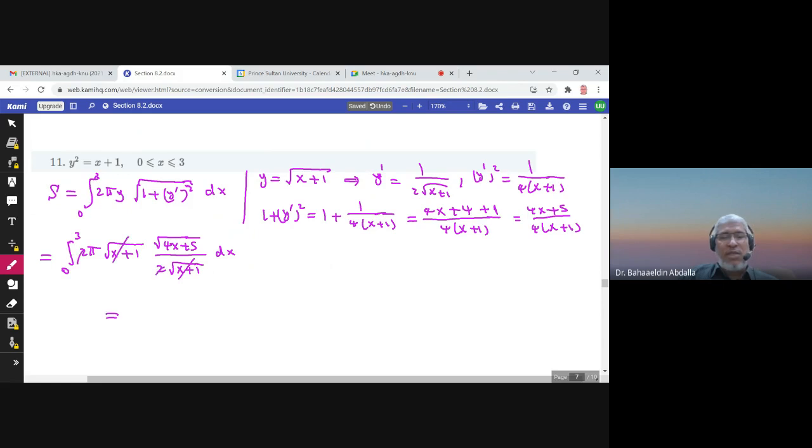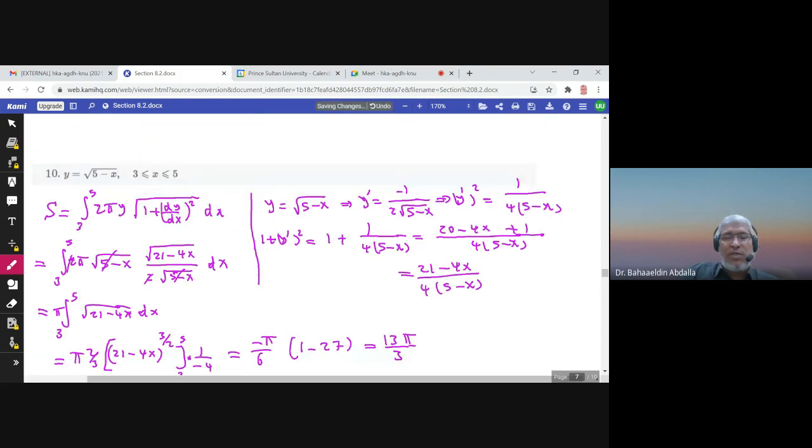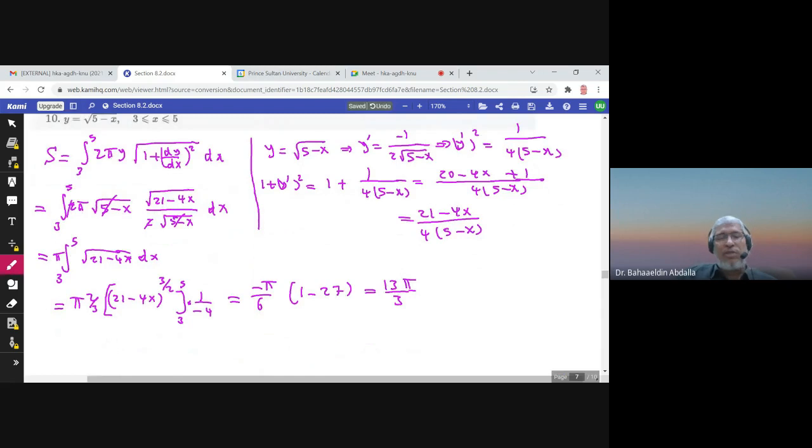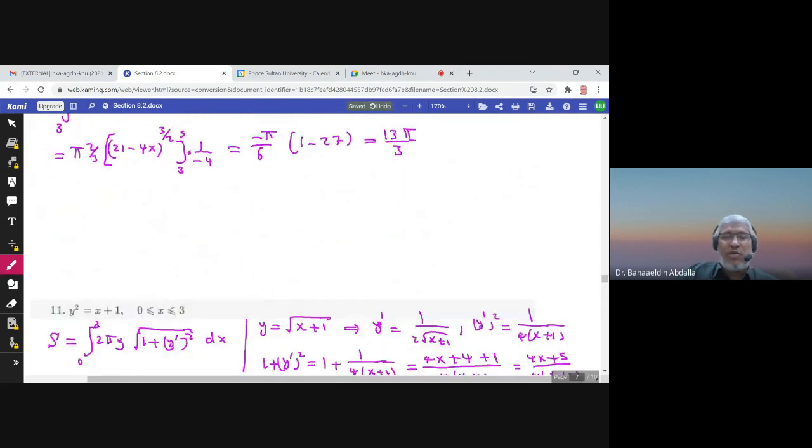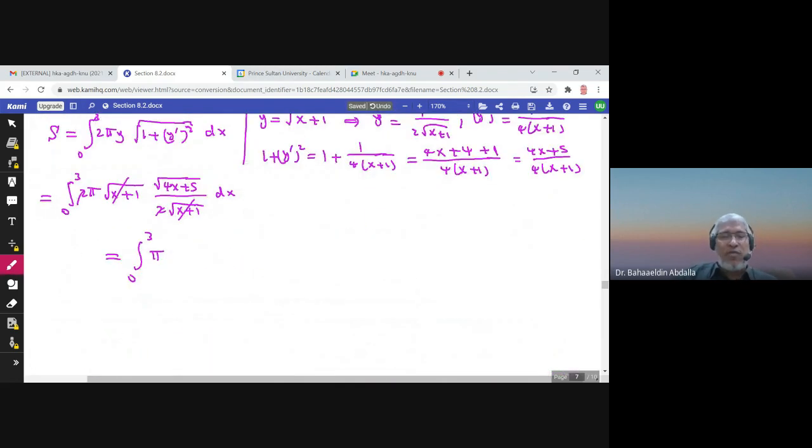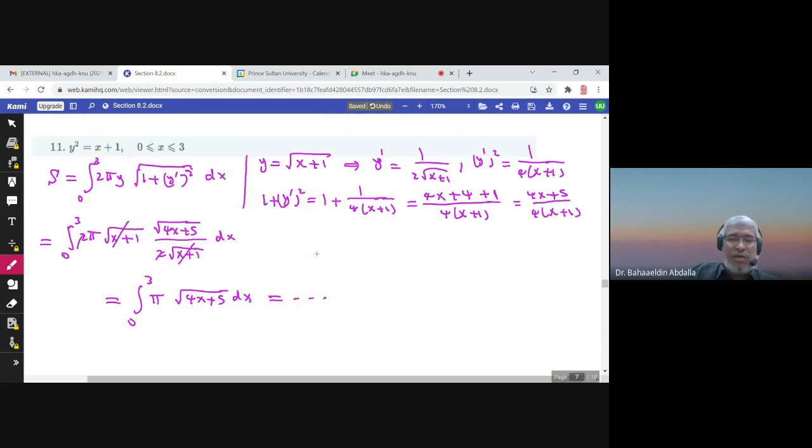And this is exactly similar to this exercise here. The previous exercise, you can just write it linear function to the power half and add plus 1 and divide, and don't forget to divide by 4 the derivative of 4x plus 5. So I leave this for you to continue, exactly similar to the previous one.